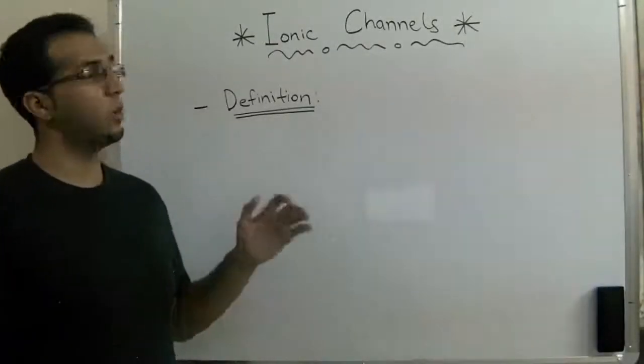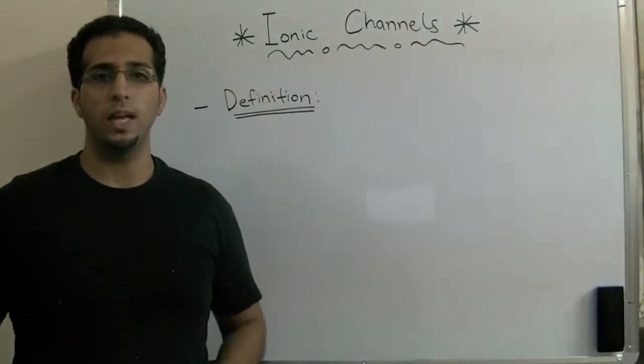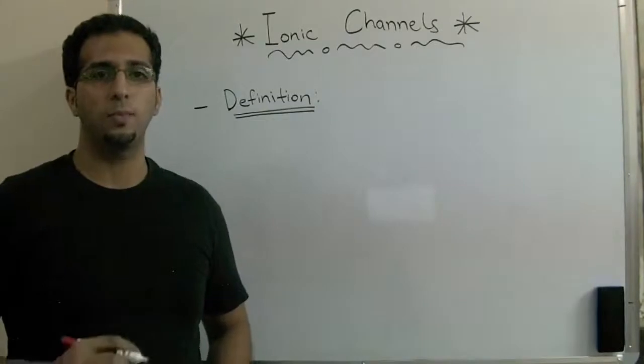So the definition of ionic channels is: they are transmembrane protein segments that surround a water-filled pore.